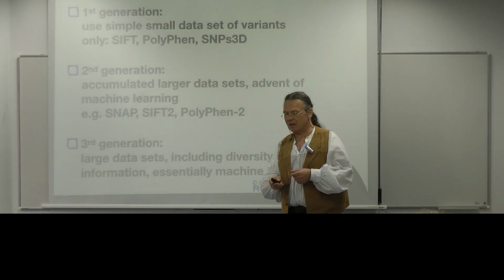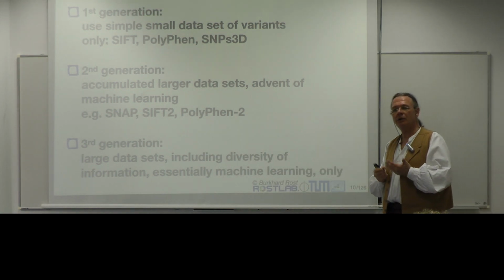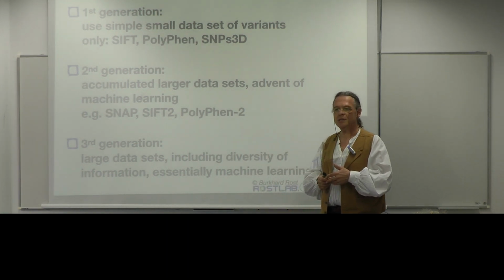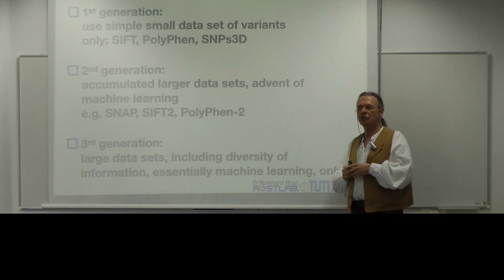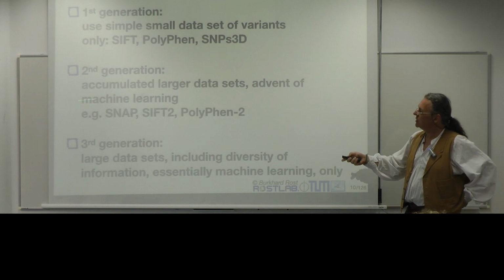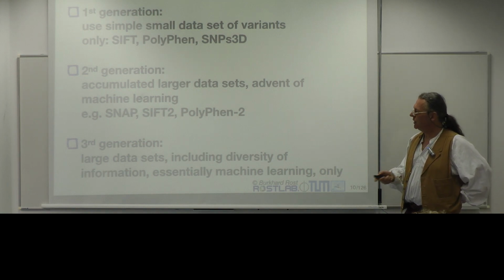Those are the simple methods. The second generation methods simply require collecting more data, hundreds or thousands of data points. With thousands of experimental data points, you can begin to do machine learning and a little bit more optimization, and that leads to methods such as SNAP, SIFT2, and PolyPhen now also use machine learning.